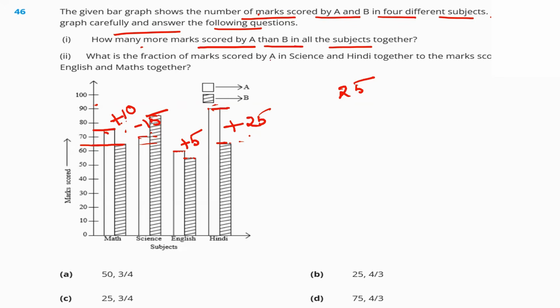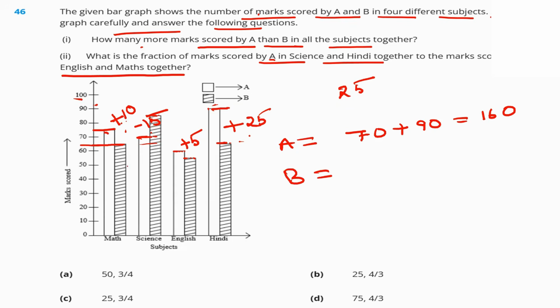Now, the second part of the question, what fraction of marks has A scored in science and Hindi together? In science, what has A scored? 70. In Hindi, 90. 70 plus 90, 160 for A. Next for B, which 2 subjects are asked? English and maths. English B has scored over here 55, and in maths B has scored 65.